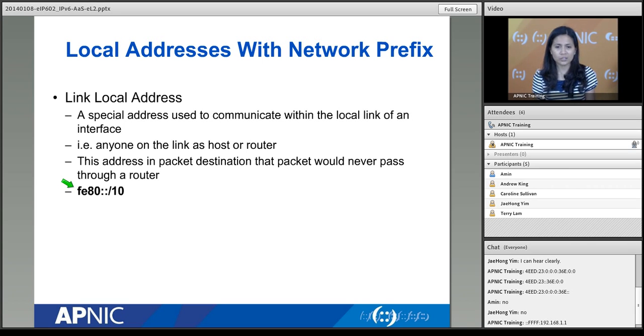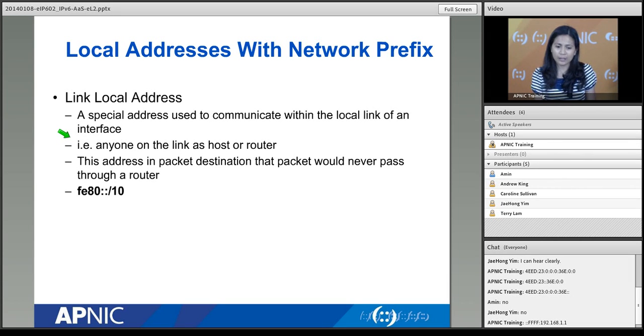It's a special address assigned automatically, and it is only available for communications within the local link. Thus, the name link local address. What does that mean? You cannot use it beyond routers, beyond L2 or L3 devices. It can only be visible to all of the other hosts that are in the same subnet or the same network.